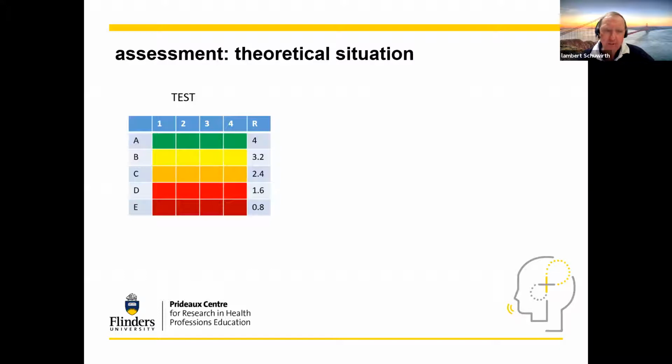So the assumption is that if I had a test, let's say here is a test with 4 items and 5 students, A, B, C, D, and E, then the theoretical situation we hope for is that all the items would agree that student A is a good student, student B is slightly less good, and student E is the worst student.